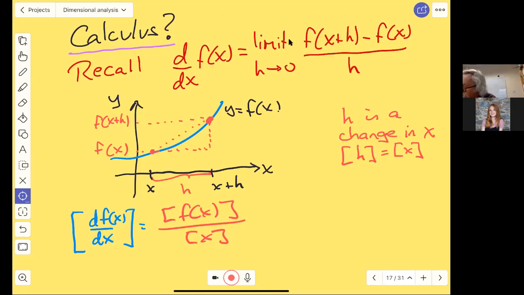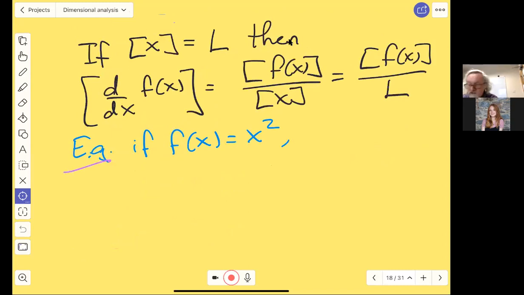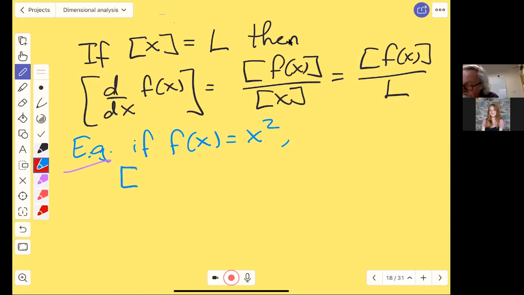Okay, so let's look at an example. Let's assume for simplicity that x has got dimensions of length, and then the dimension of the derivative is the dimension of the function divided by the dimensions of x. So it's the dimension of the function divided by L. So if f of x is x squared, that would mean that the dimension of f of x would be the dimension of x squared, which is the dimension of x all squared.